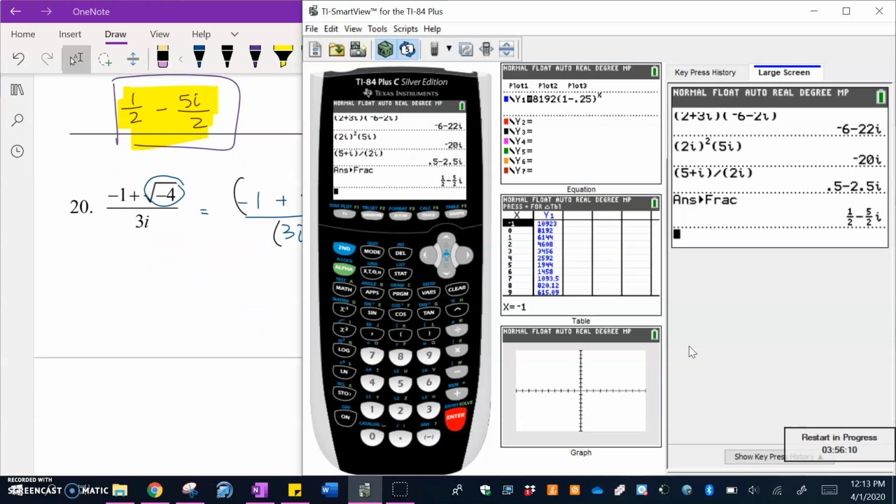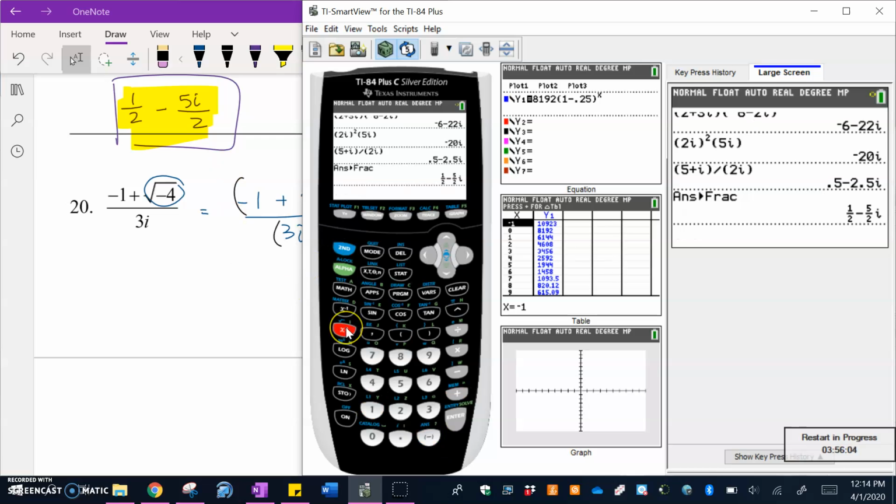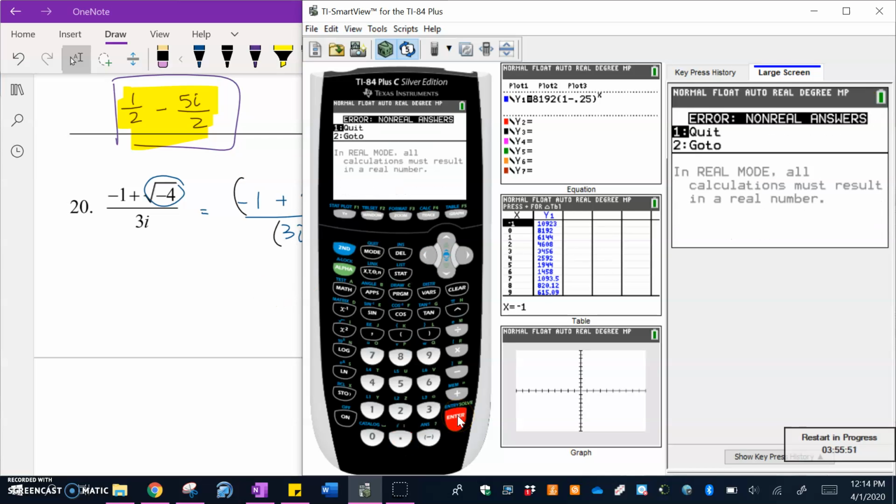20 is interesting. Let's take a look at 20. So if we typed in the original problem, negative 1 plus the square root of negative 4, and we closed our parentheses and divided by 3i, our calculator is going to do something very interesting here. Let's make sure this says i. There we go. It's going to say you don't have a real answer.